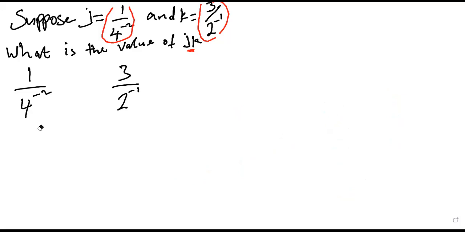So we're going to say, 1 over 4 over 1 over 4 to the 2 power, okay? And on the other side, we're going to say 3 over 1 all over 2 over 1.